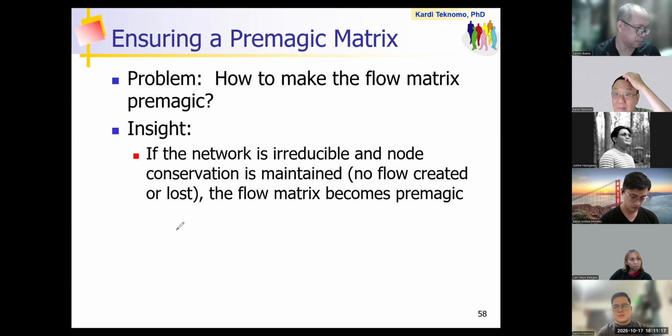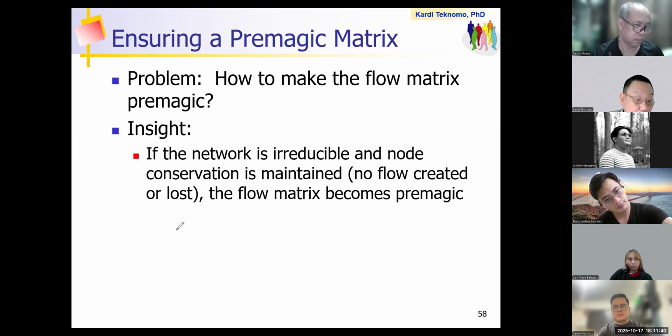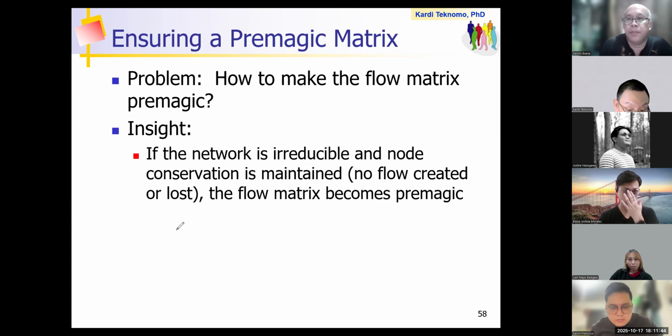The next problem is how to make the flow matrix pragmatic. I found out that if the network is already irreducible and we keep the node conservation flow, it's automatic. All you need to do is divide the flow by the sum of flow in each row, and you get the stochastic matrix.